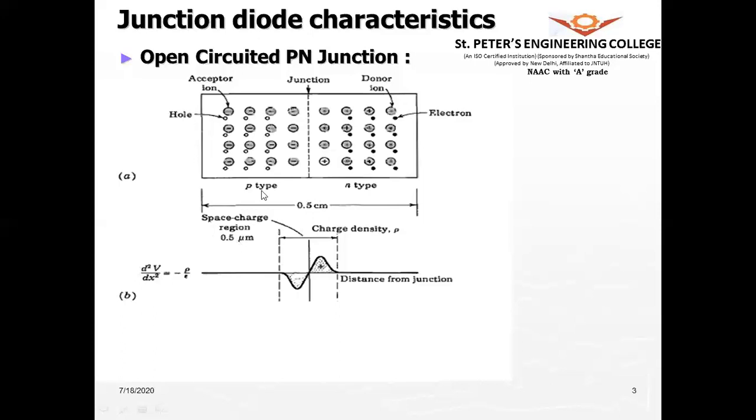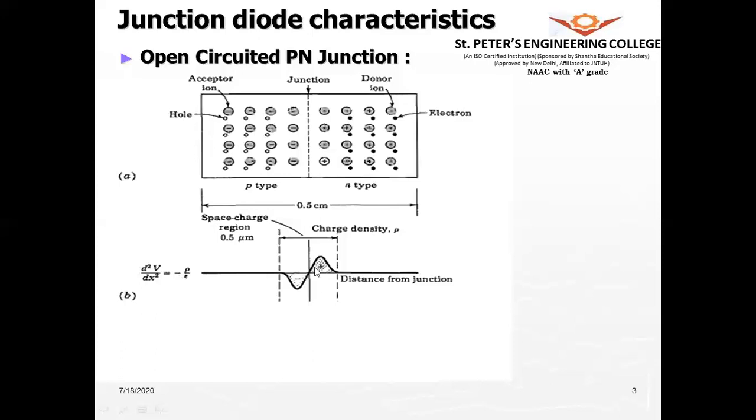And we can see the charge density around this region. This is the junction. The charge density will vary with the distance from the junction.